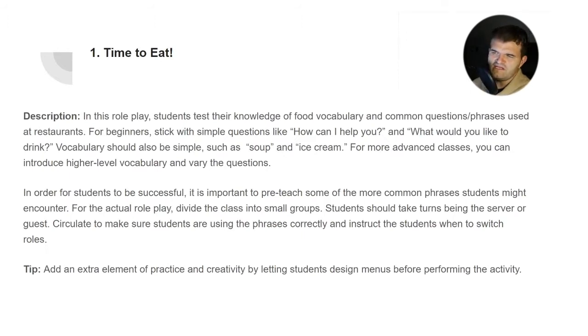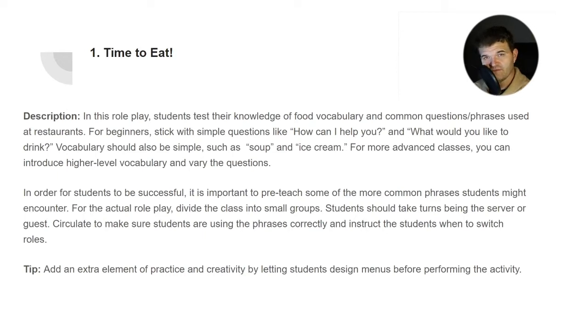If we look in a bit more detail, we can see how this can be used. In this role play, students are going to be using the knowledge of food vocabulary and coupling that with phrases and questions used at restaurants. For beginners, for young learners, keeping it simple can be easy. How can I help you? What would you like to drink?